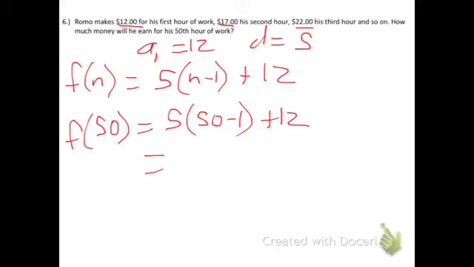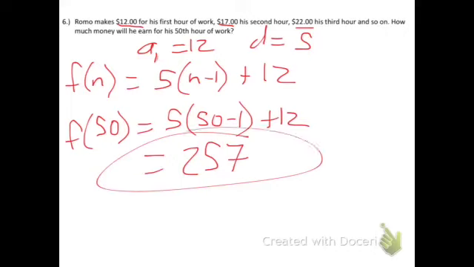Let's say I do 49 times 5, add 12, run it. 49 times 5, add 12, and that will give you a grand total of 257. Ta-da! And that's a lot of money. That's dollars, man.